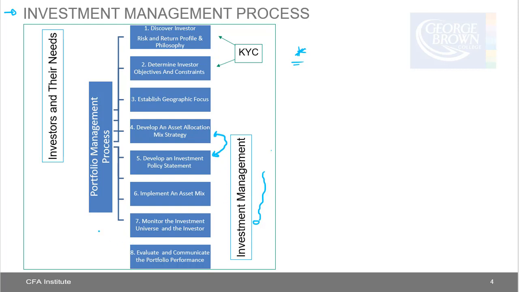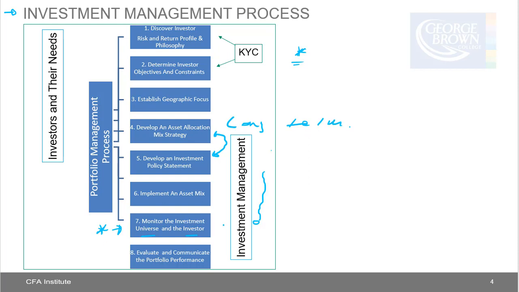And then finally, the last two steps in the investment management process is monitoring the universe and the investor, because investor circumstances can change. If those circumstances change, then you may actually go back and change the strategic mix. In the short term, you may have tactical changes to that strategic mix, but in the long term, the asset allocation mix strategy, that's long term. But anyhow, we've looked at that before, and we'll look at it in more detail.